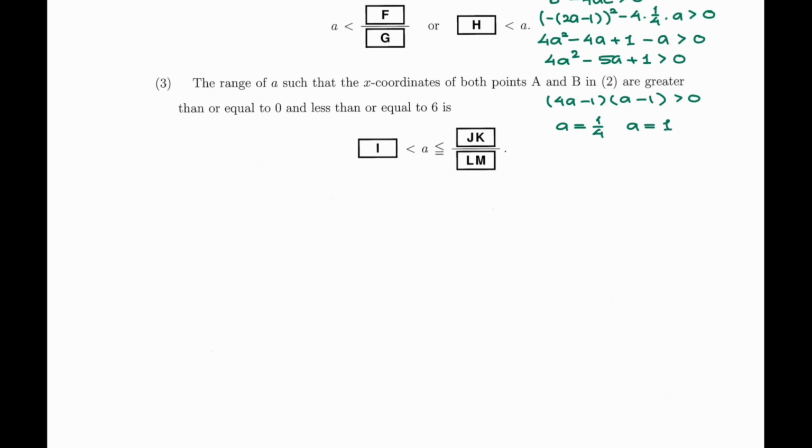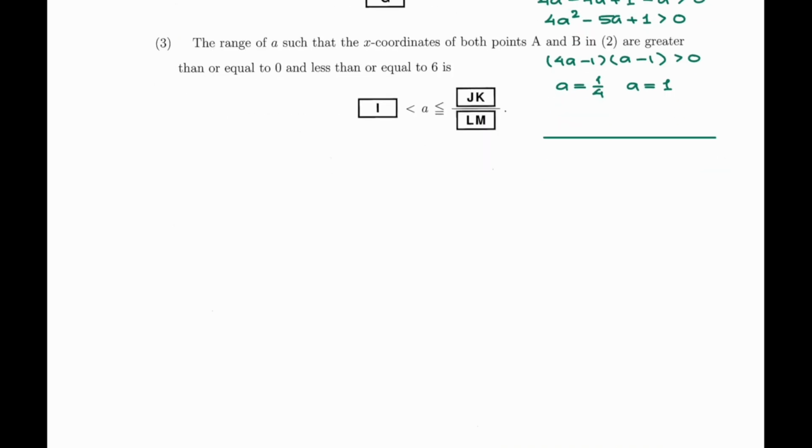After you get the critical values, you need to draw a number line. I have a number line here, and I will put these critical values into the number line. My first critical value is 1 over 4, and my second critical value is 1.